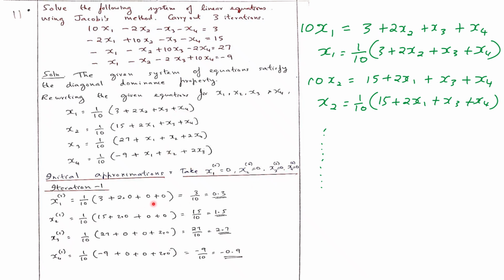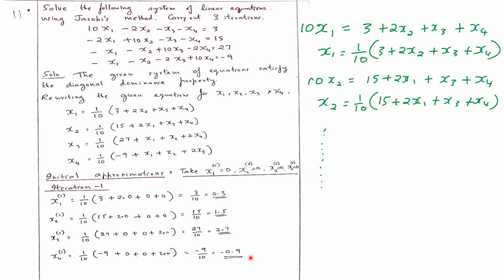See, this is what is done here. In the first equation, 1 by 10, 3 plus 2 into x2, where x2 is 0, x3 is 0, x4 is 0, and you simplify. You get x1 as 0.3, x2 as 1.5, x3 as 2.7, and x4 as minus 0.9.